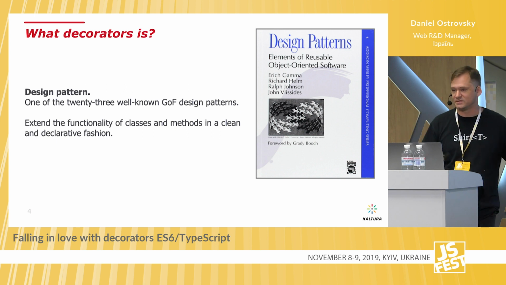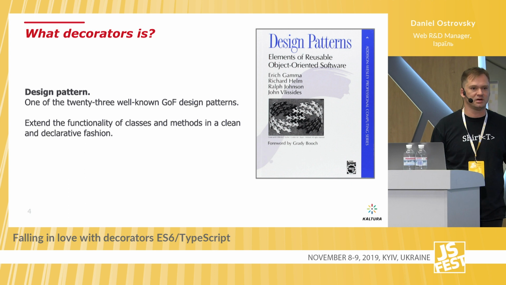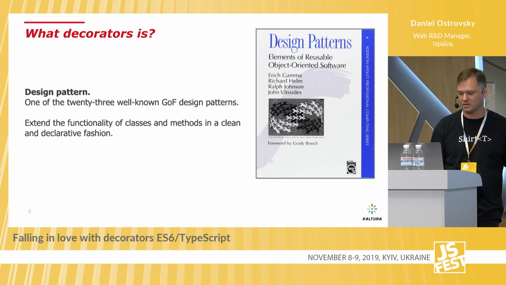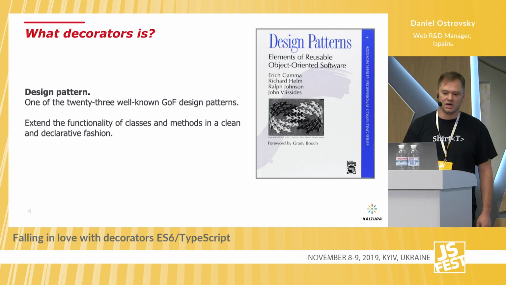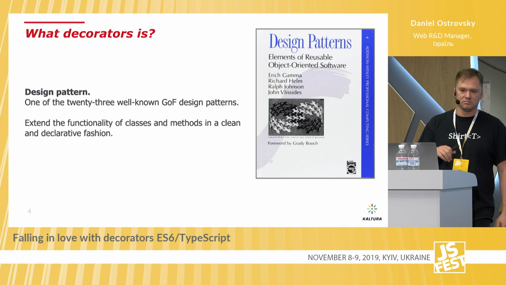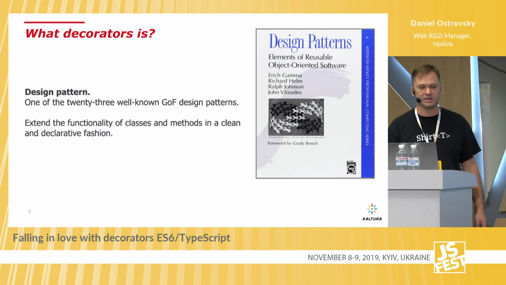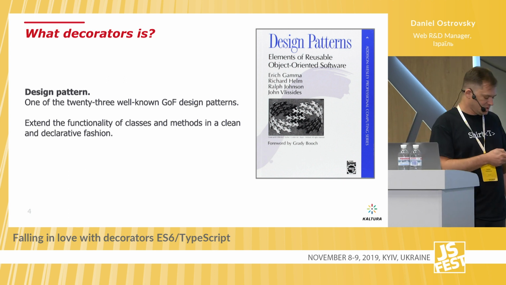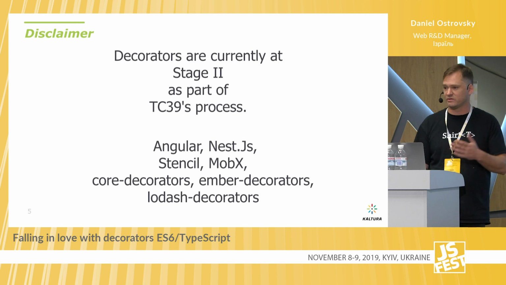So what is a decorator? Basically, a decorator is a design pattern, described in this wonderful book more than 20 years ago, in 1996, if I remember right. The description is: extend the functionality of classes and methods in a clean and declarative way. It's pretty old. Disclaimer: decorators do not exist in JavaScript.